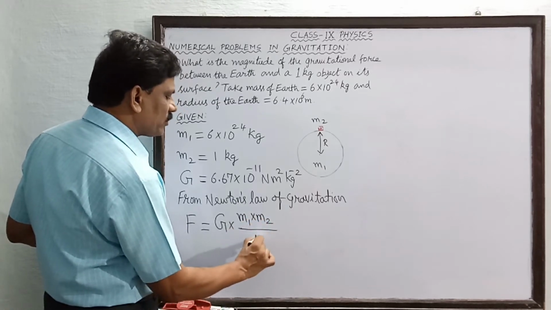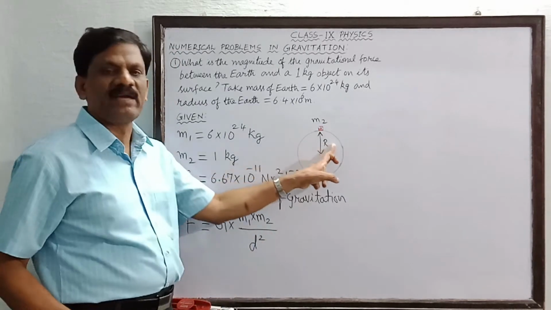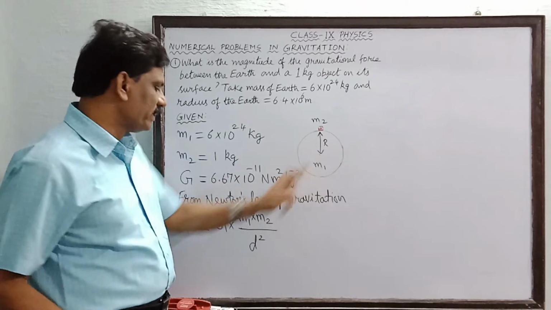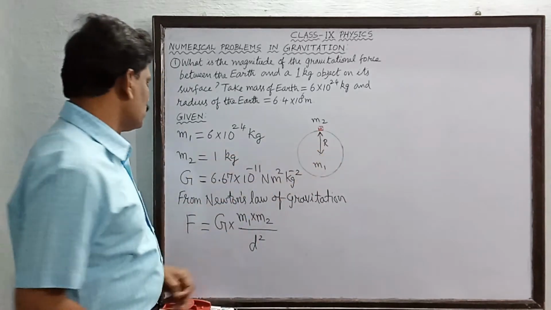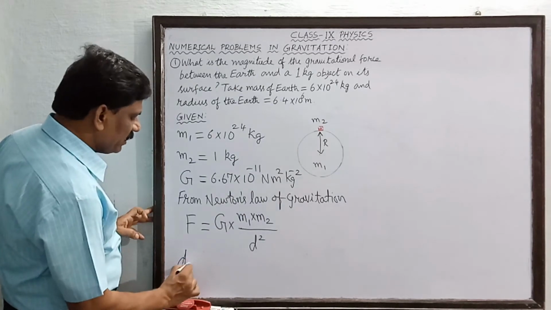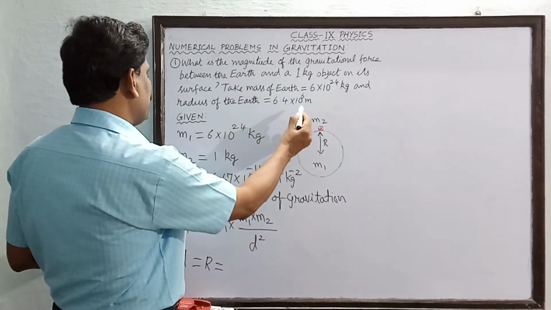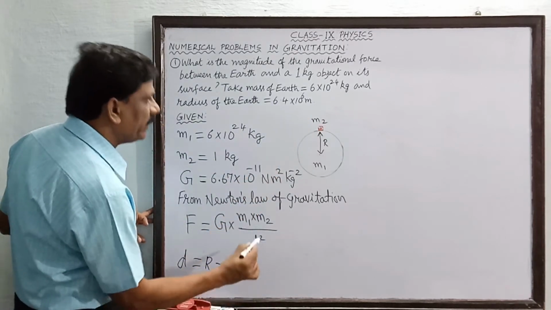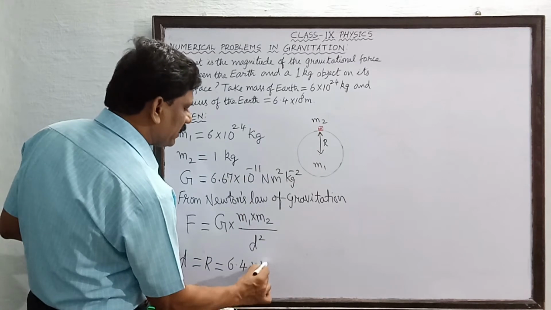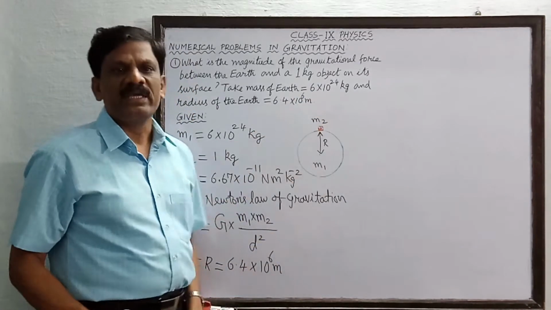So the distance square, d square, is the general formula. Here instead of d I am going to substitute r. That is also given: d is equal to r is equal to 6.4 into 10 to the power of 6 meter. So this is also given information.